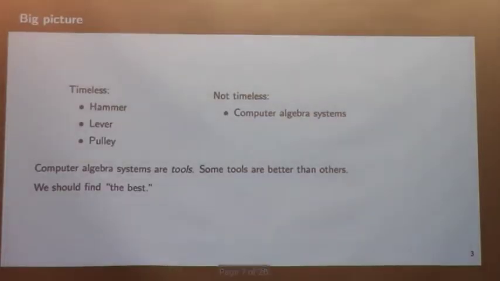Cool. So the big picture here today is, like I said, we're going to talk about tools. There are some tools that we made once and we got right, and we don't need to touch anymore. Things like hammers, or simple machines like a ramp, or a lever, pulleys. Those are good. You don't need to touch those. Some things are not so good, and those are things like computer algebra systems.